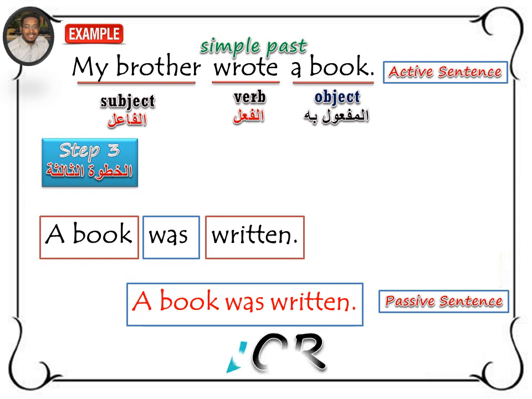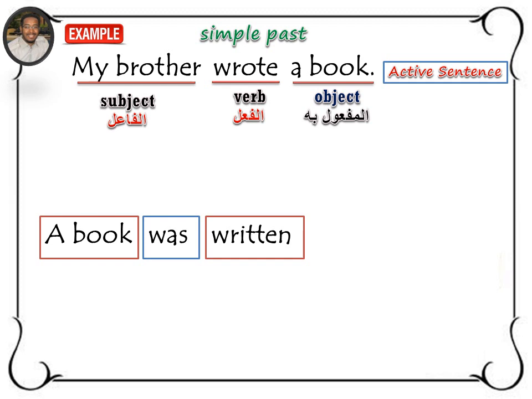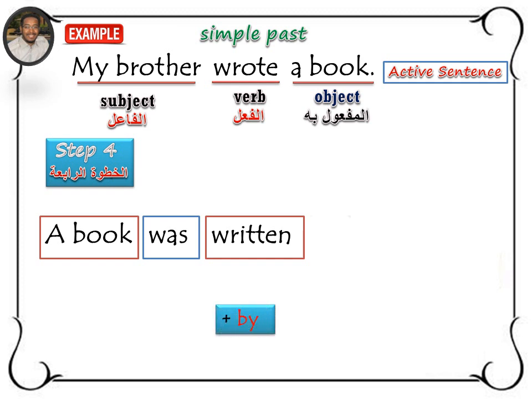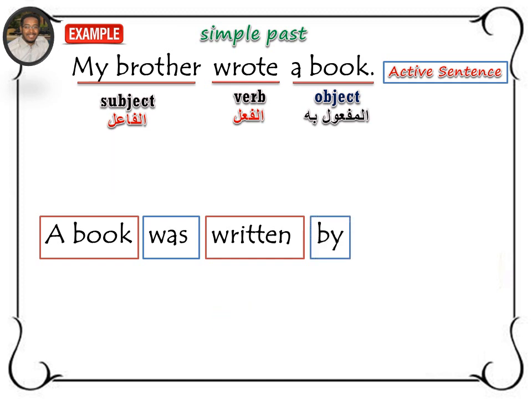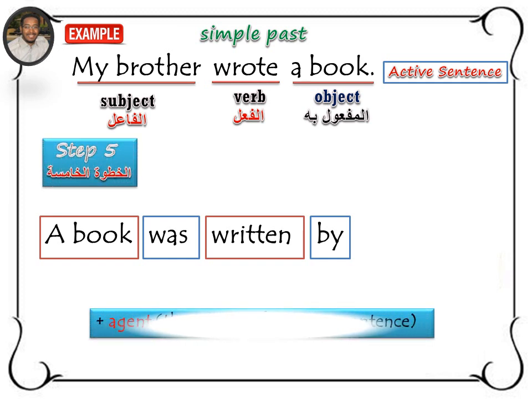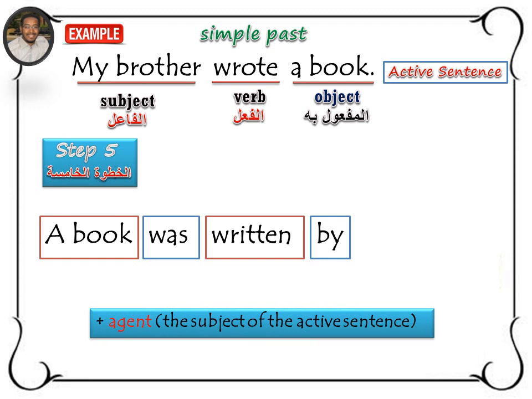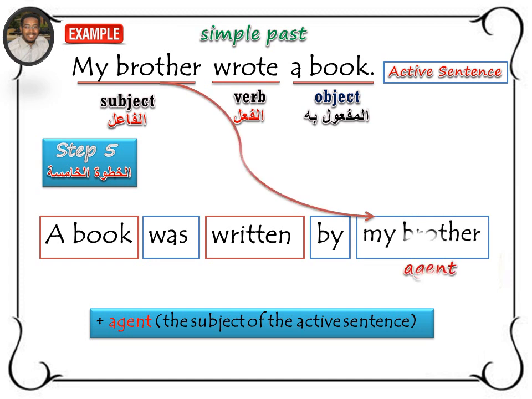Or if we want to mention the doer of the action, then we can add 2 more steps. So what is step number 4? Plus by. And finally, step number 5, plus the agent, which is the subject of the active sentence, which is my brother.